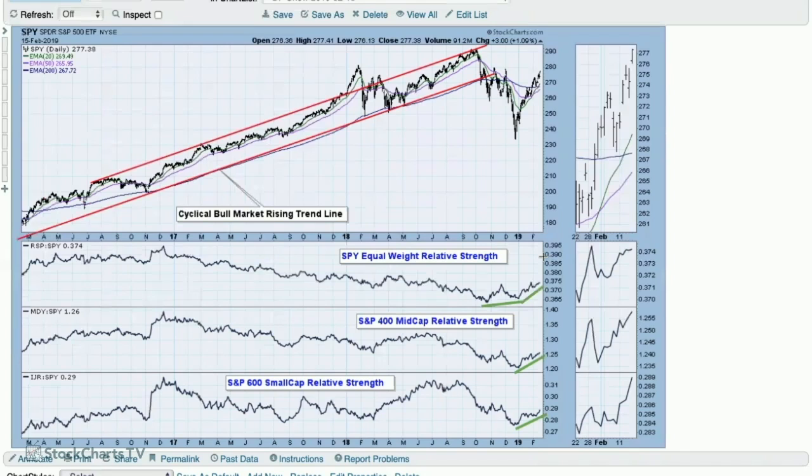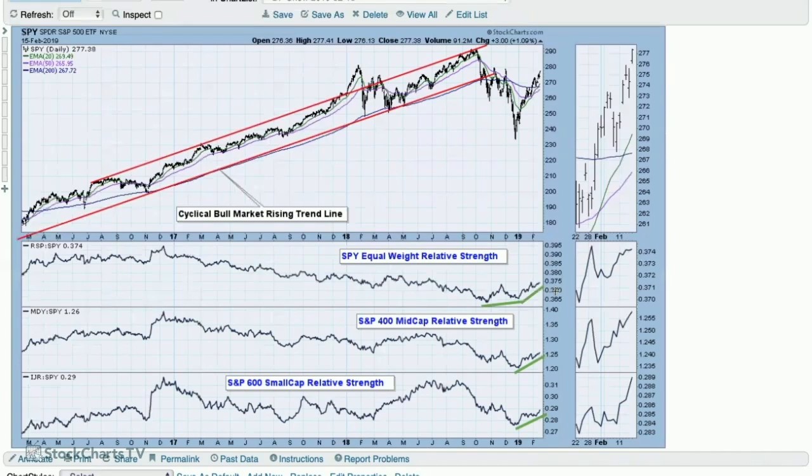The thing that's cool about this is that's the RSP, the equal weight index, and it tells you what the smaller cap stocks are doing. And when you talk about a large cap index, the top 50 stocks in that are weighted 50% of the whole index.